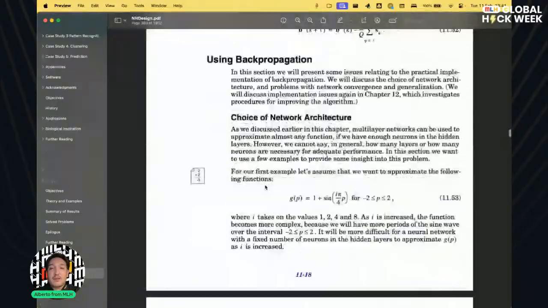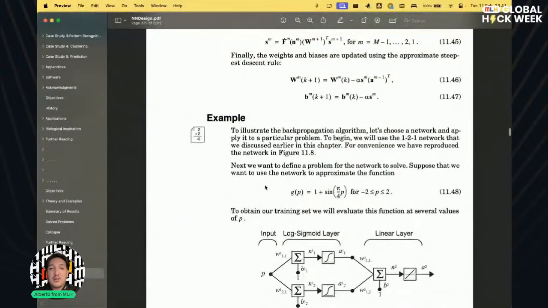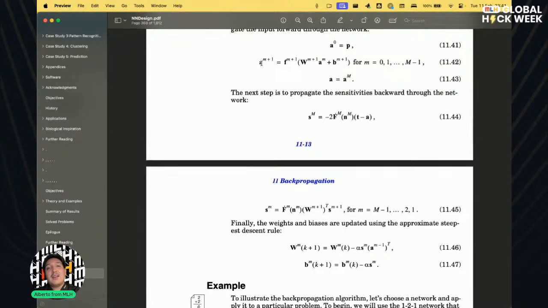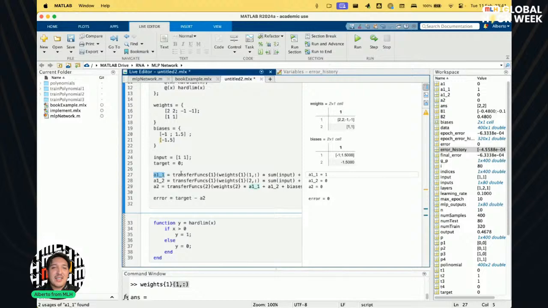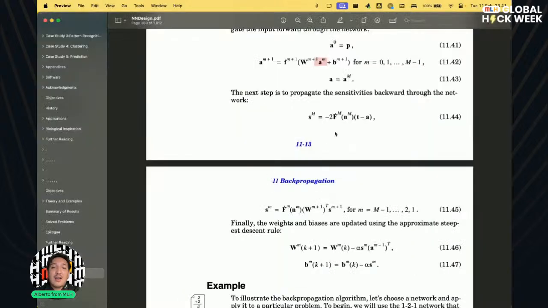We need to move a little bit over here. A for the first layer or the second or any is going to be the transfer function applied to the weights multiplying the previous input. So in this case, for the first layer, A1 is going to be the weights multiplying the input plus B, right?